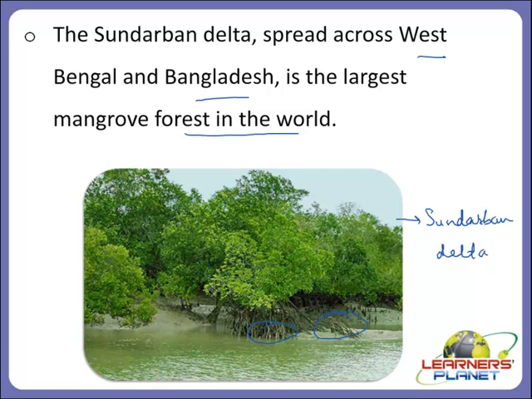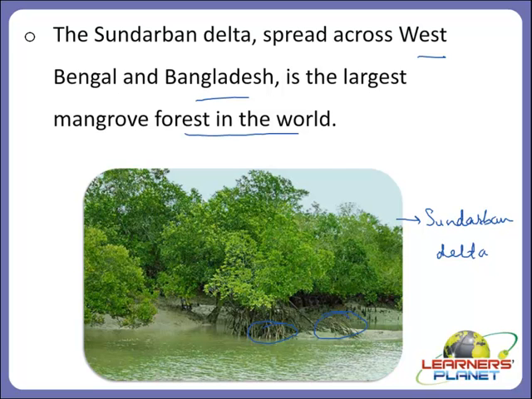There are many species of fish that can be found in mangrove forests and nowhere else in the world, and many larger animals also inhabit these swamps. So these are the types of plants found in the coastal habitat.